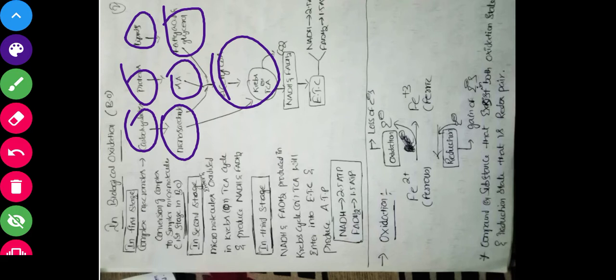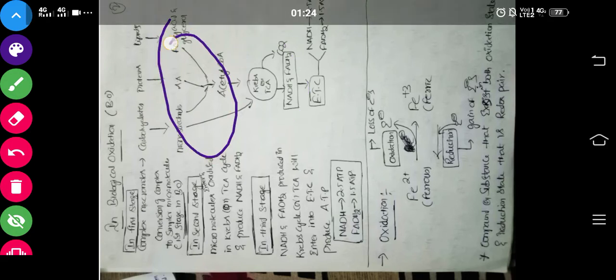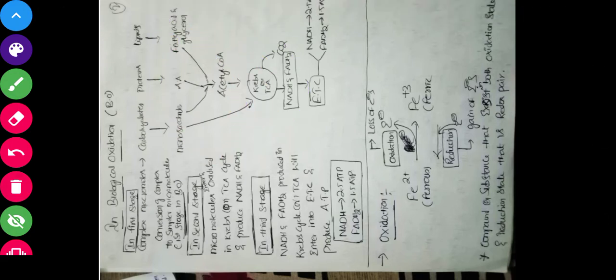How will this enter? From the glycolysis pathway, it will enter the Krebs cycle. In the Krebs cycle, it will synthesize NADH and FADH2.